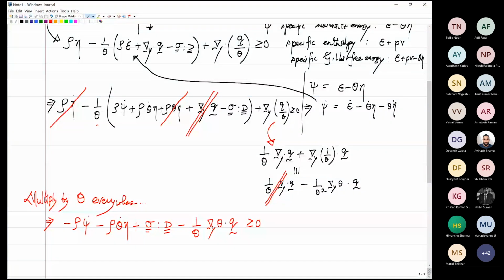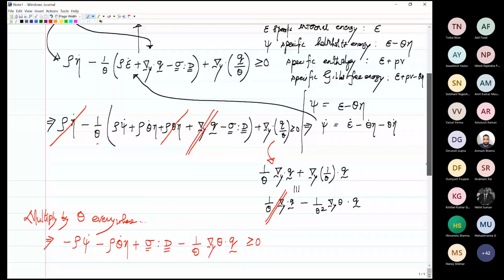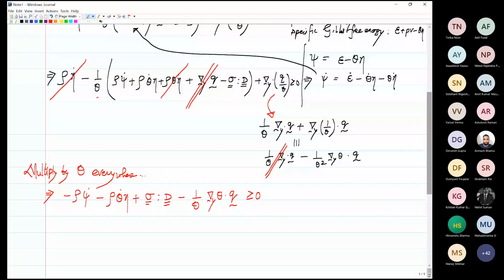Is that correct? So that's the modified form of the second law of thermodynamics.